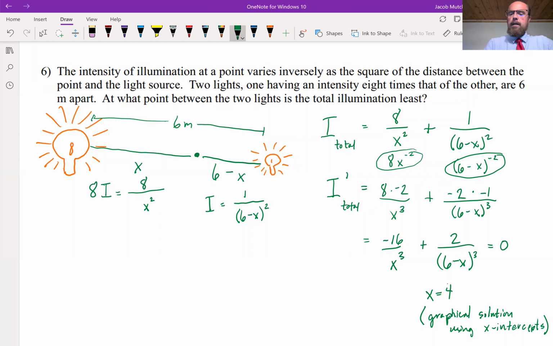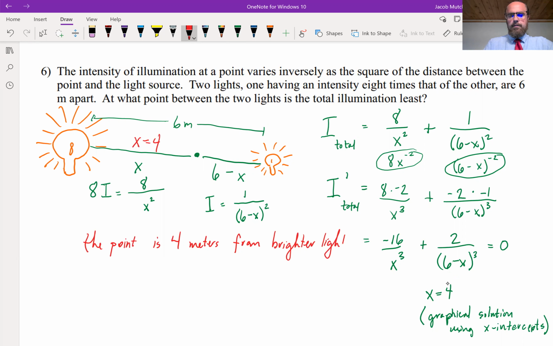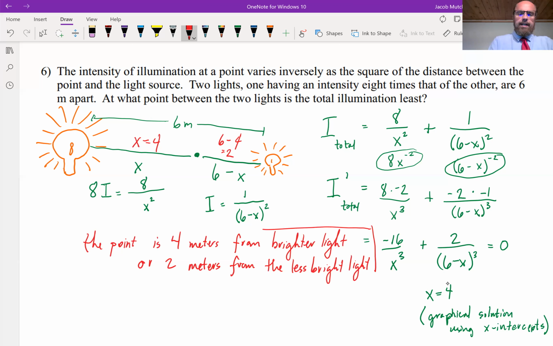So if I put in my value of 4 here, that means the point is 4 meters from the brighter light, or 6 minus 4, or 2 meters from the less bright light. And we'll box that. That is our answer for this question.